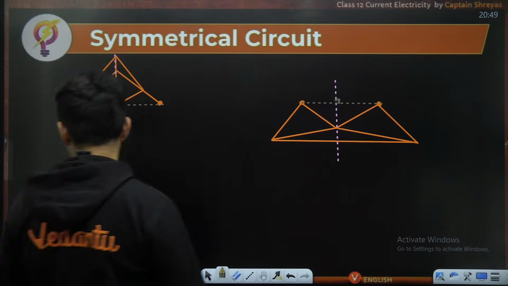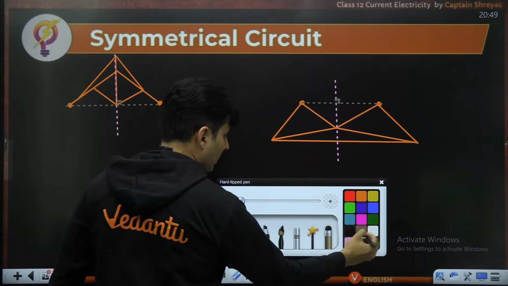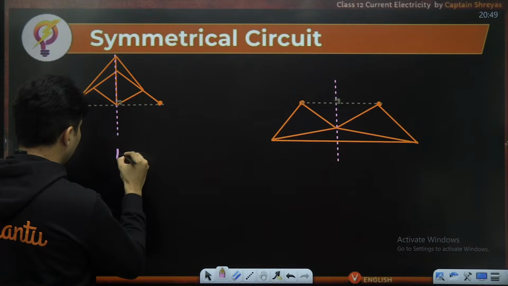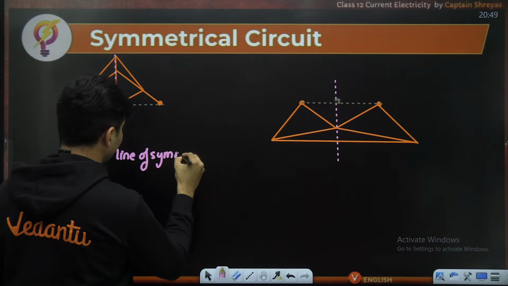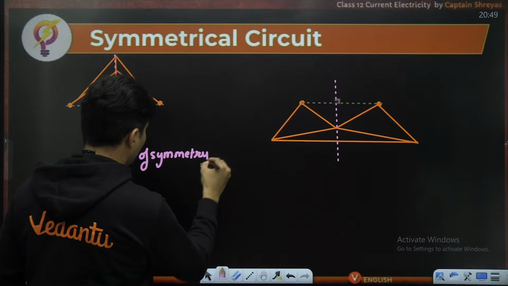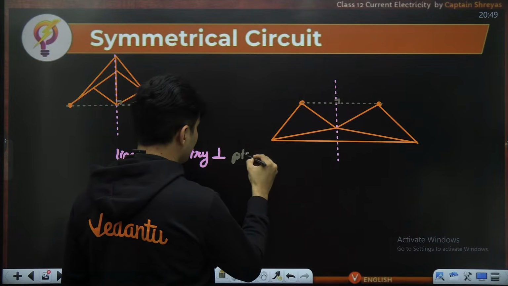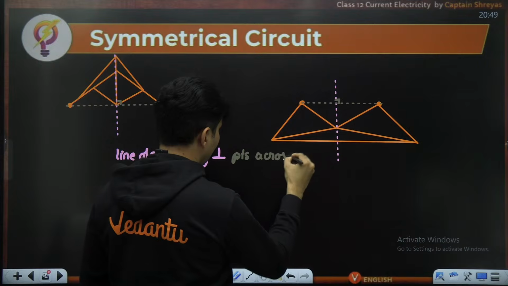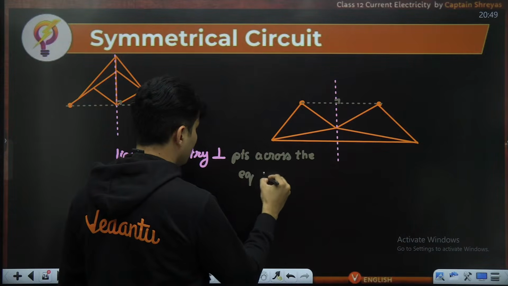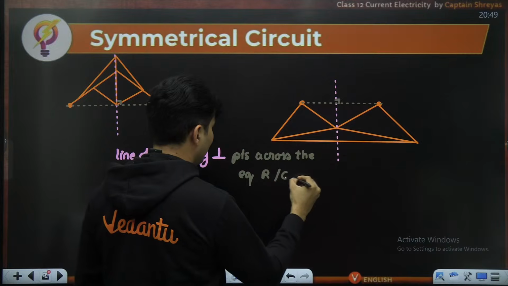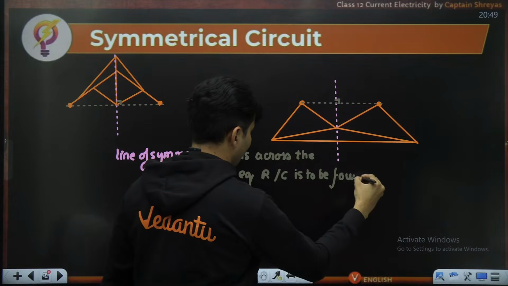Okay, so let me just mark that over here first. That particular line of symmetry should be perpendicular to the points across which the equivalent resistance or capacitance is to be found.